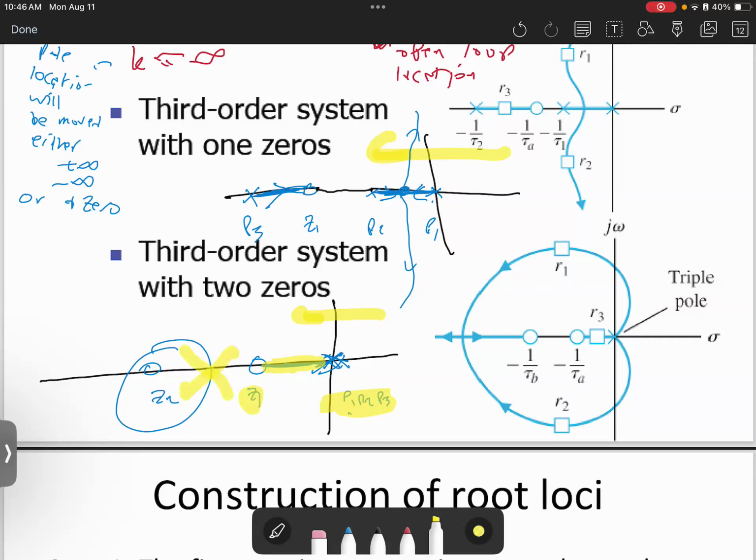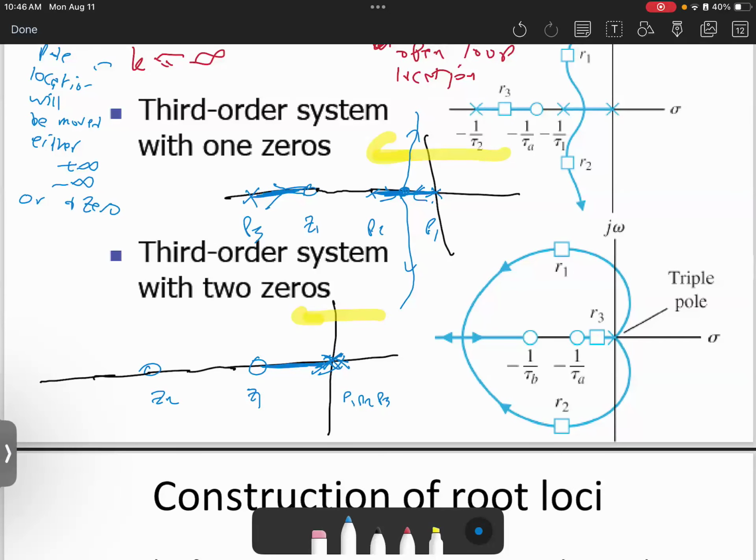Then this region is not counted. Once we reach Z2, the total number will be 5. Then this region will be counted. As a result, we can say this region is counted and this region is counted, and this region keeps going toward infinity.